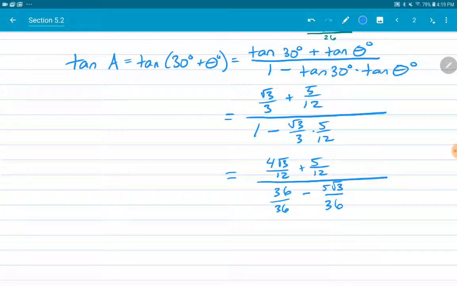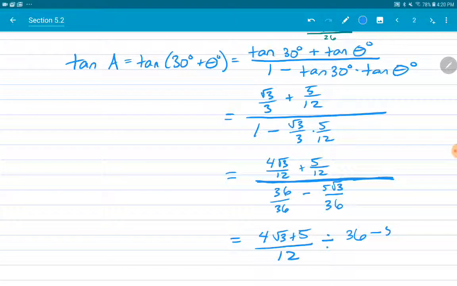And now combining a little further, in the numerator I get 4 radical 3 plus 5 all over 12. And instead of this big fraction bar right here, I'm going to do a division sign so I can sort out my fractions. So in the second part I have 36 minus 5 radical 3 over 36.